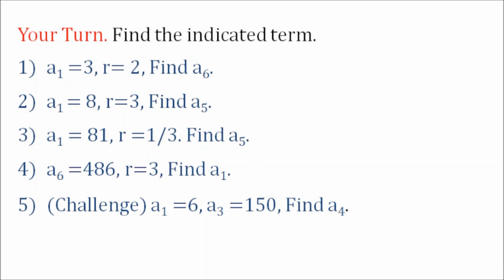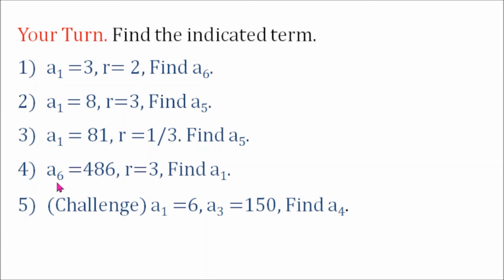Now your turn. Find the indicated term. Number 1, a sub 1 equals 3, r equals 2, find a sub 6. Number 2, a sub 1 equals 8, r equals 3, find a sub 5. Number 3, a sub 1 equals 81, r equals 1/3, find a sub 5.